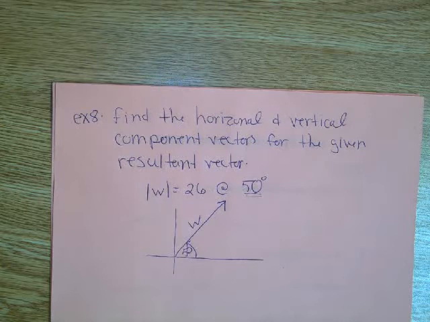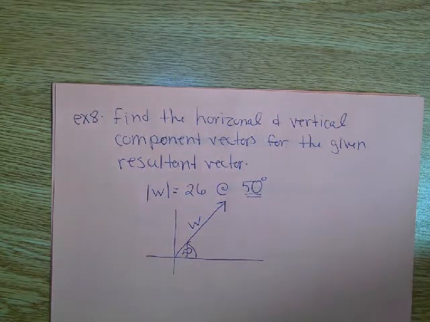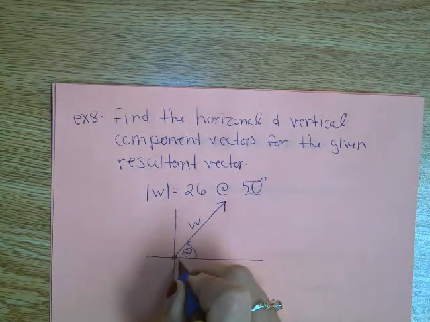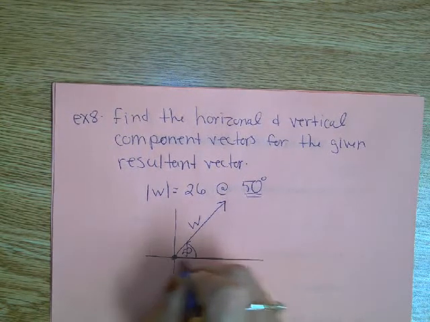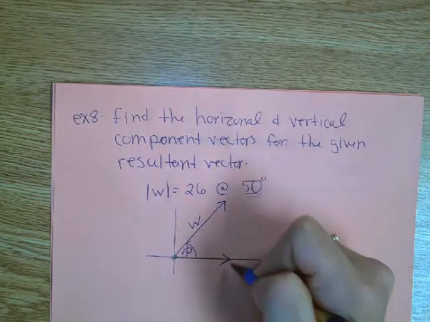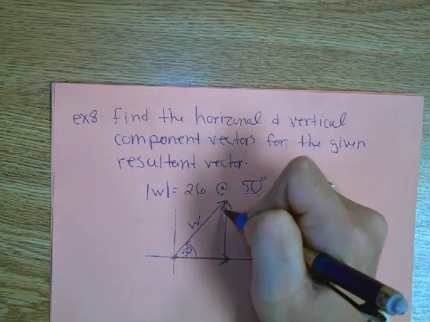And what it's asking for is what horizontal and vertical components were added together to get this. So in other words, what vector started here, moved horizontally, and then what got added vertically to that to make that.